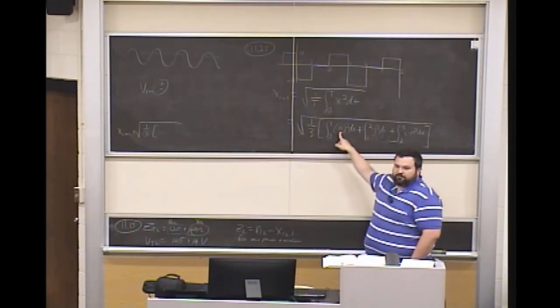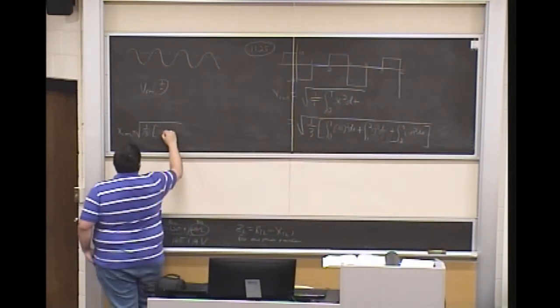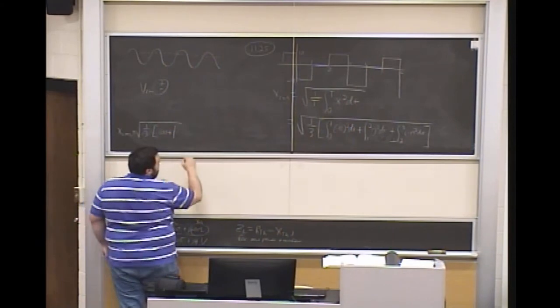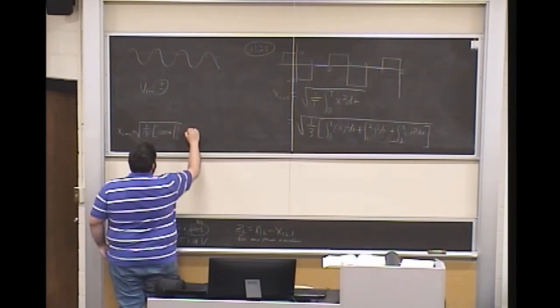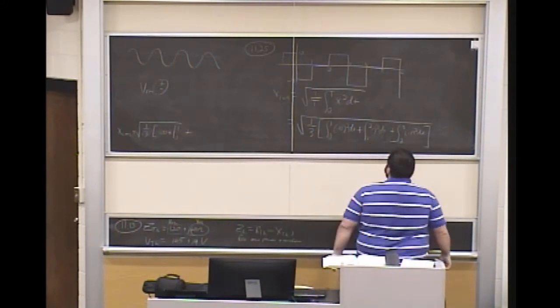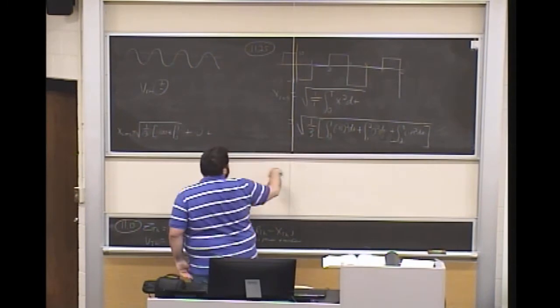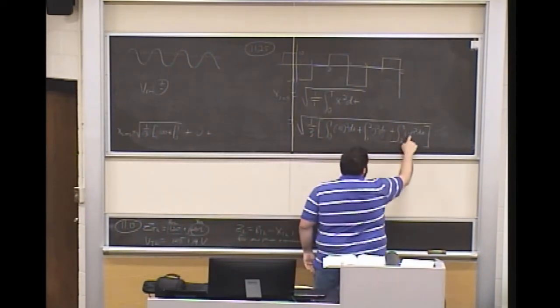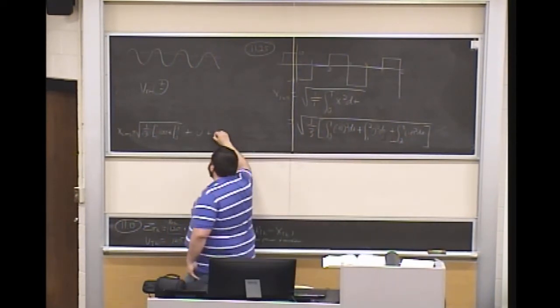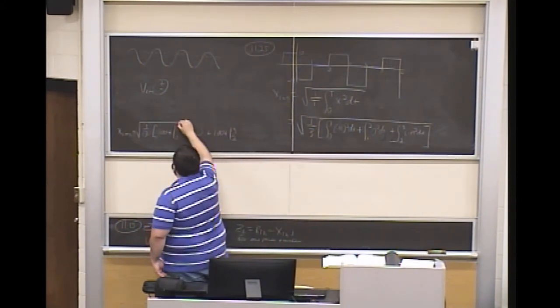The integral of it will be 100t. Okay, so 100t evaluated 0 to 1 plus, what's the integral of 0? 0, plus, this also will be 100t evaluated between 2 and 3.